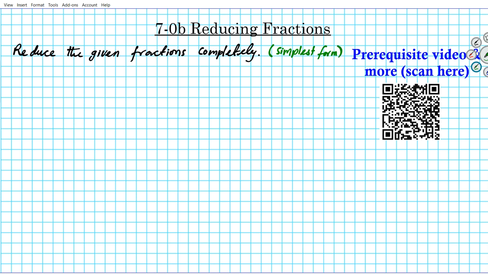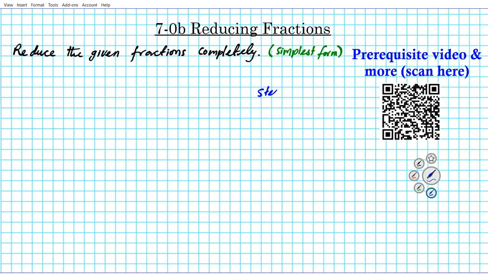Before we go ahead and attack some problems, let's review the steps. Let's take a look at the steps that will guide our problem solving process. All right, so here are the steps. The first thing we're going to do is find the common factors.